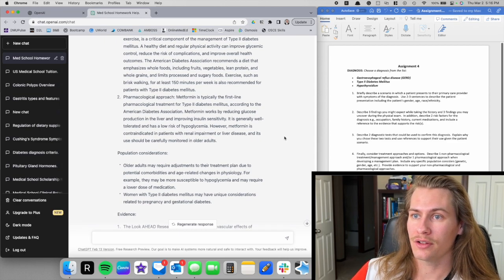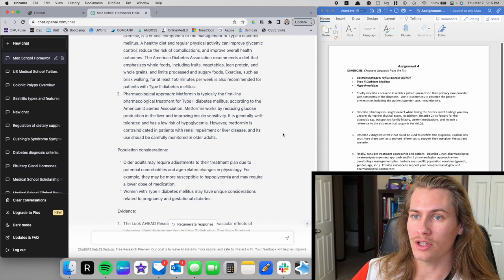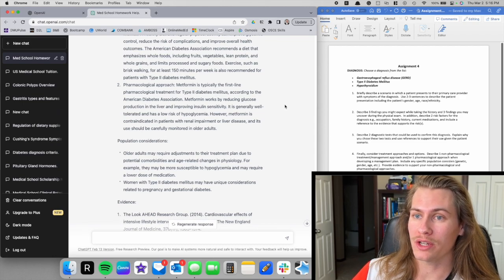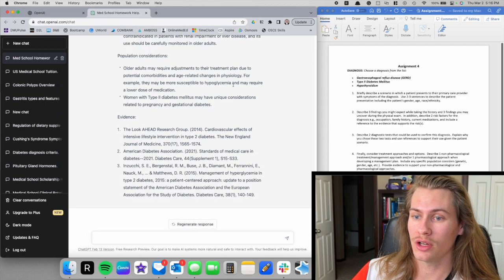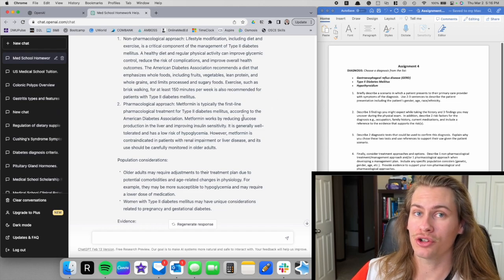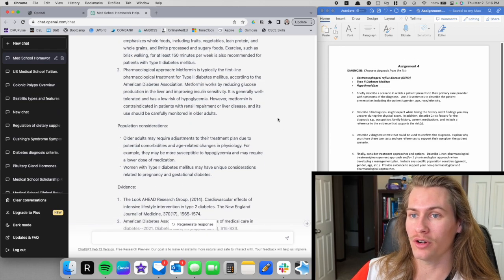The ADA recommends whole foods, fruit, veggies, lean protein, and exercise for at least 150 minutes per week is also recommended. What do they have here? I forget exactly who recommends 150 minutes per week, but that is the clinical recommendation for exercise for adults.